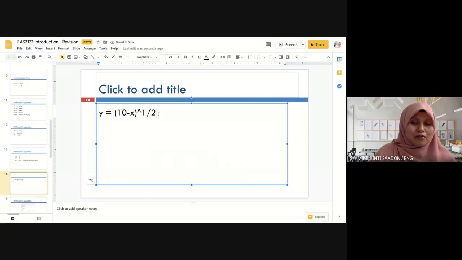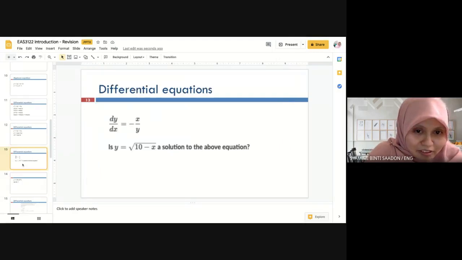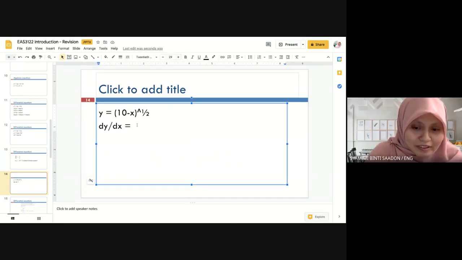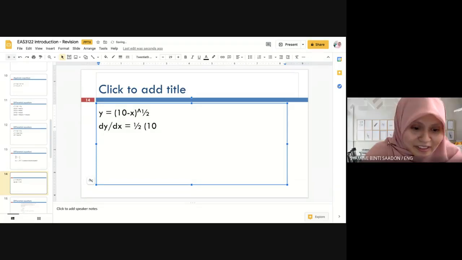So if we differentiate this equation, dy/dx will be 1 by 2 root over of 10 minus x, and then in bracket minus 1. So negative, I put the negative in front. It's easier.